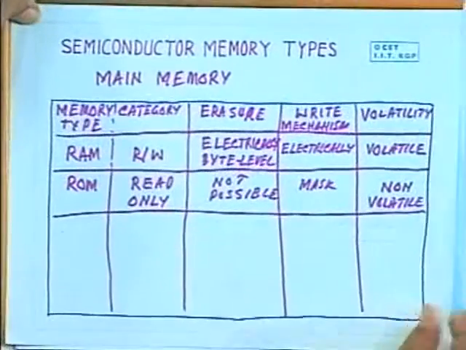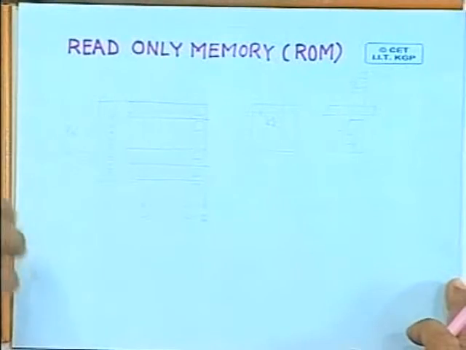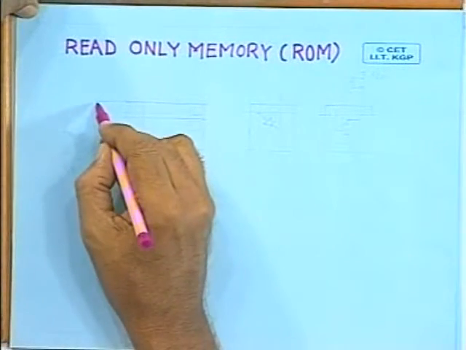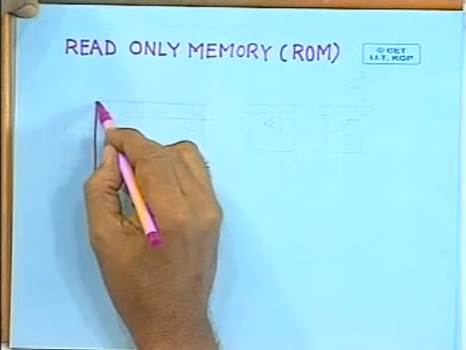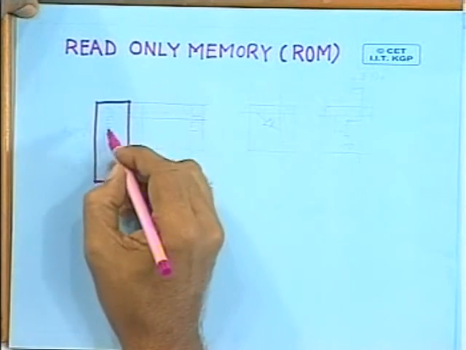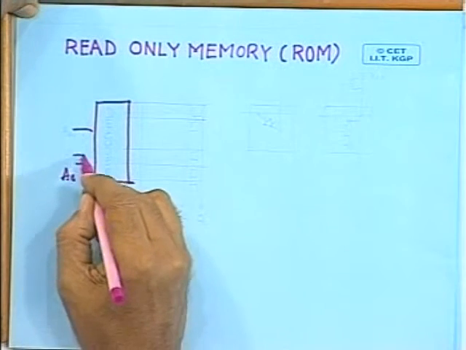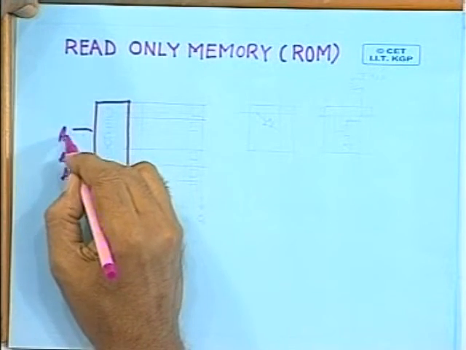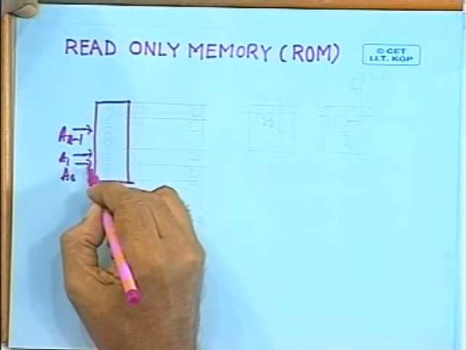Let us try to understand how ROM is realized, so that we can understand the interfacing of the ROM. In case of read-only memory also, the basic structure is the same. You apply the address, say A0, A1 to An-1, assuming that an n-bit address is provided.